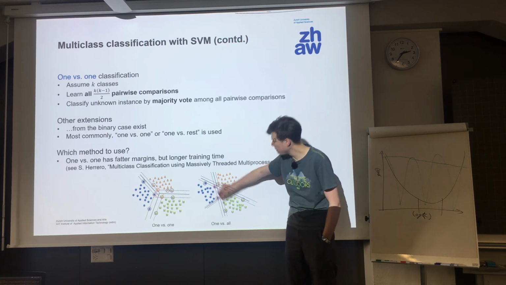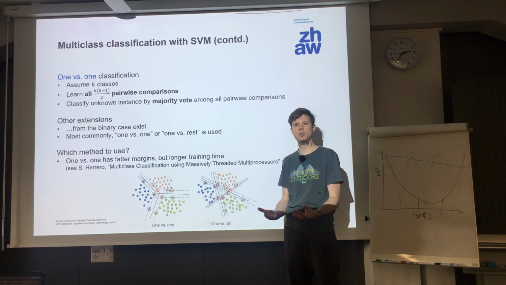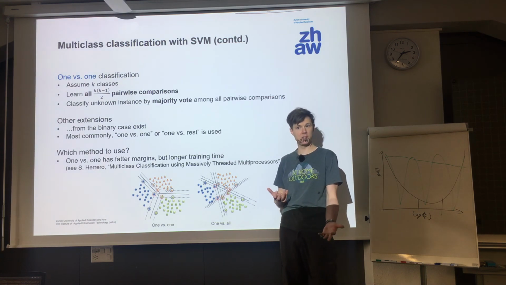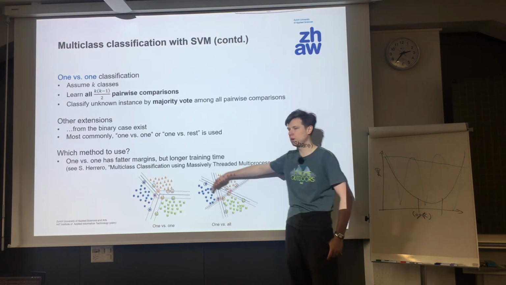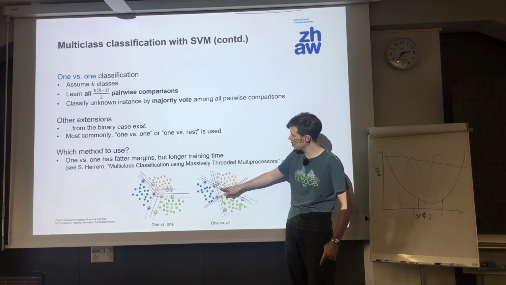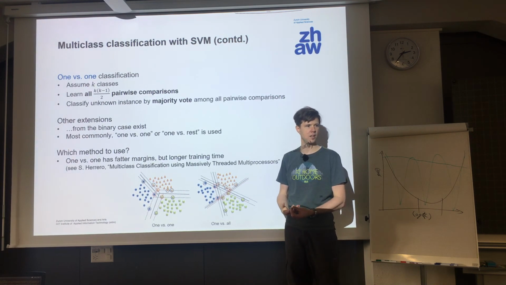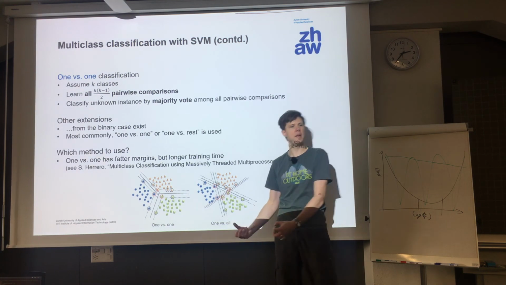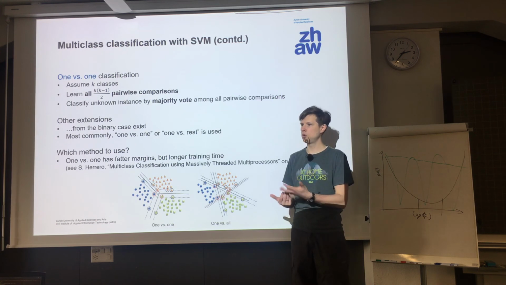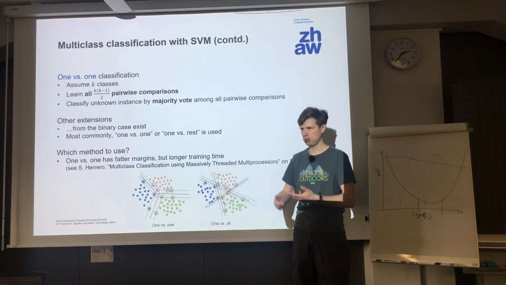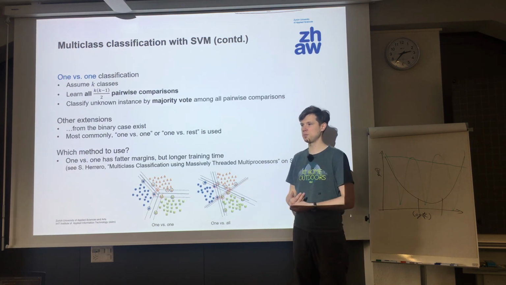But it has smaller margins, because actually you're giving up some information that is in the data. When you're building this classifier here, green versus rest, you're giving up the information that blue and red are separate things in your training set. This giving up of information, not making use of information that you would actually have, gains you computational time. It's not as costly as other methods, but it costs you margin. It costs you generalization performance.